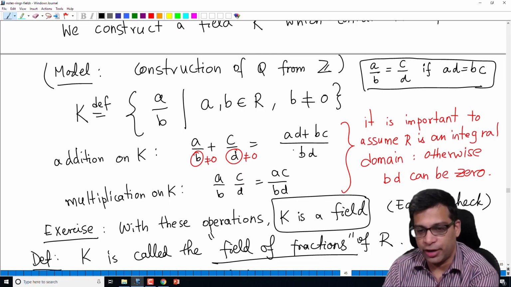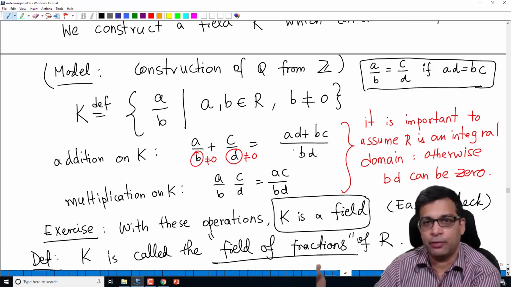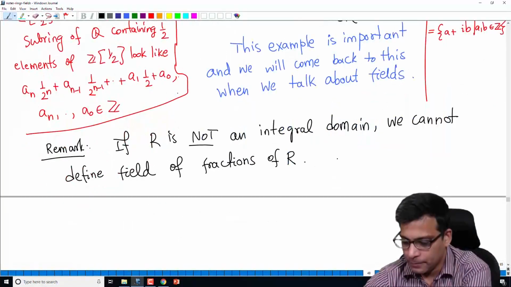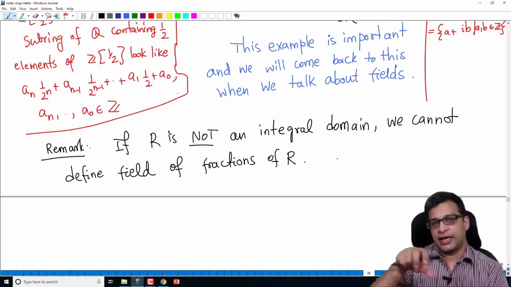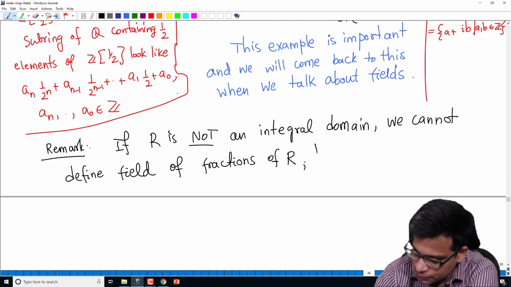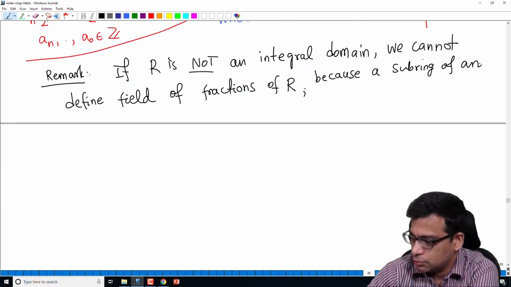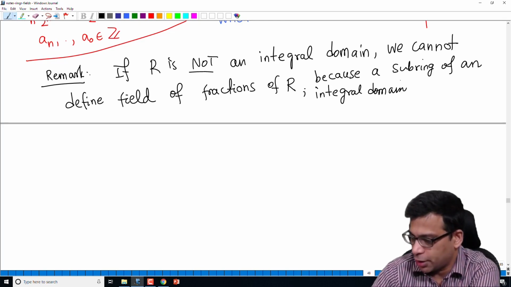So if R is not an integral domain, in other words, there exist two elements b, d such that b and d are non-zero, but the product is 0, then for 1/b and 1/d, you can't define their sum or product. But maybe there is some other way to define a field of fractions. Maybe there is some other way to put R inside a field. But this remark is saying that that cannot be done. This is because a subring of an integral domain is also an integral domain.